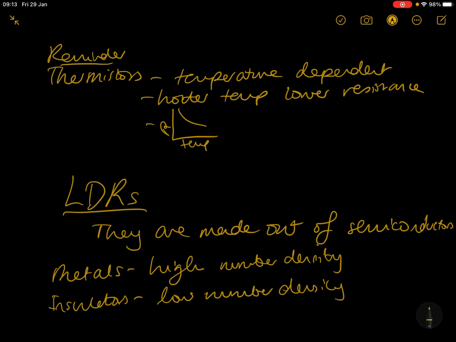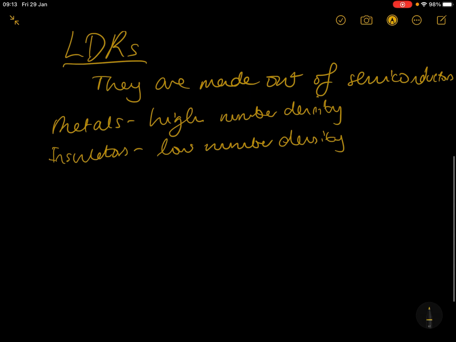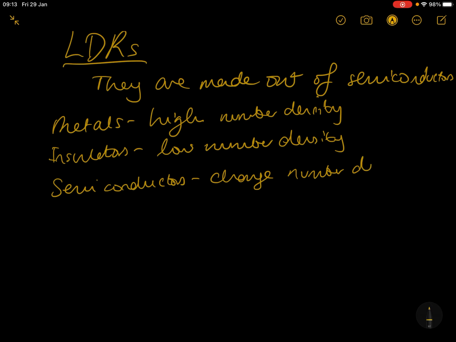And semiconductors can change their number density. So, LDRs are made out of semiconductors.